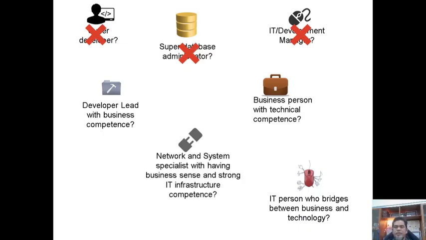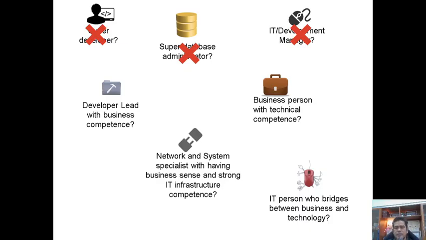So in academic definitions, an architect is a developer lead with business competence, a business person with technical competence, a network and system specialist with business sense and strong IT infrastructure, and an IT person who bridges between business and technology.